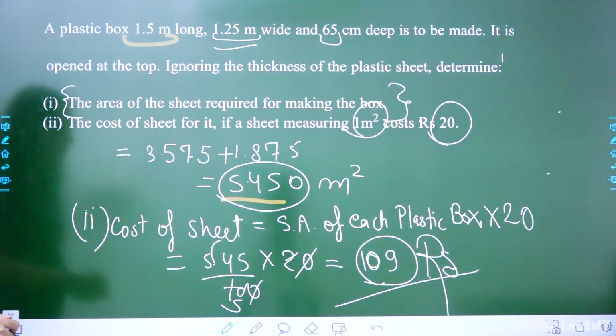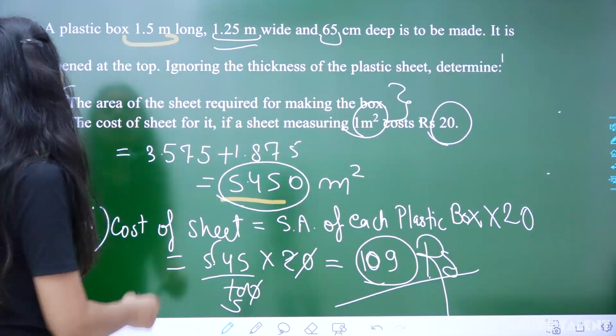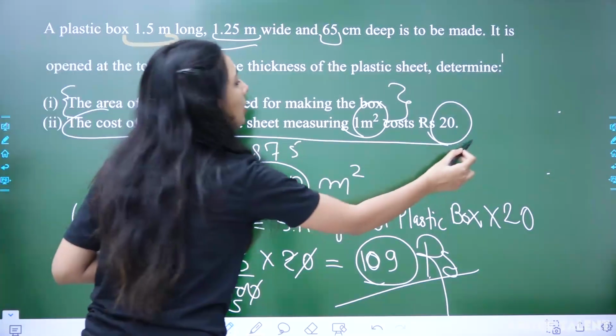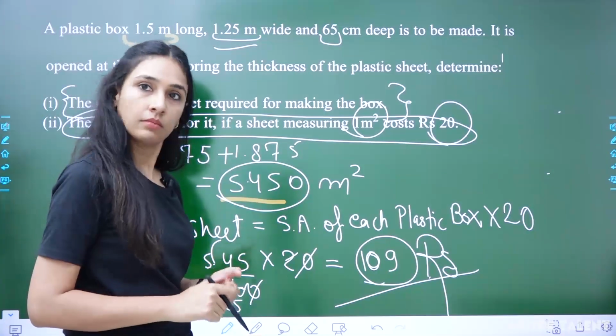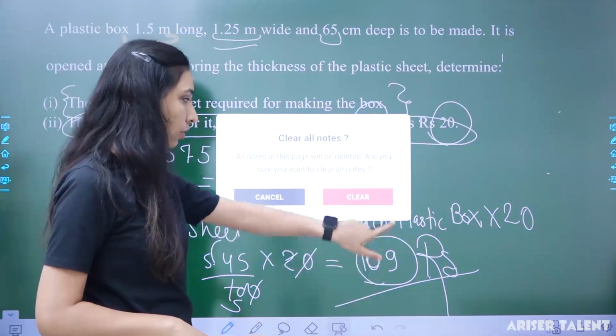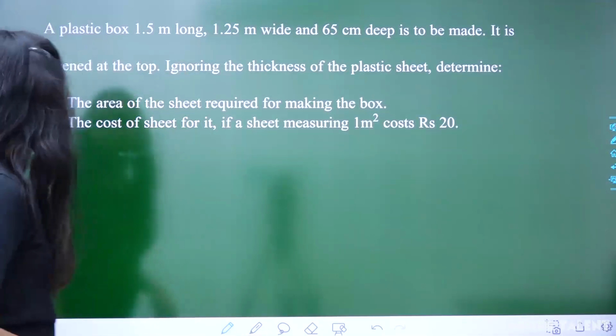Okay, so 109 rupees for making the sheet, or for making one box.